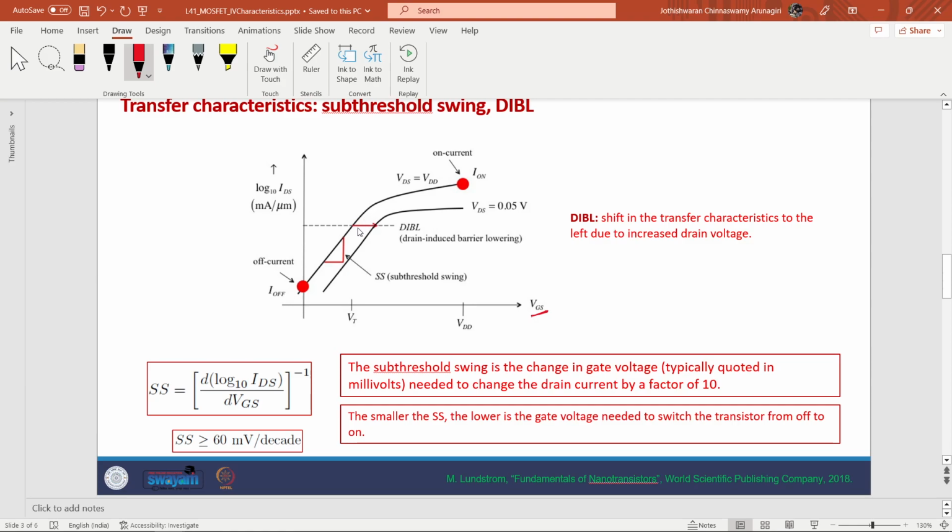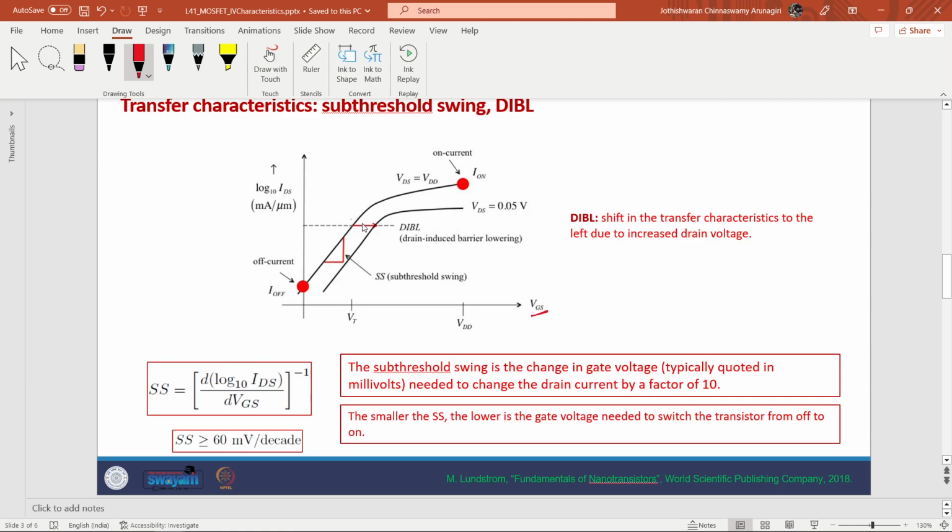Observe this point. This is my threshold voltage. As you can remember from the previous graph, larger values of current will start occurring only after the threshold voltage.